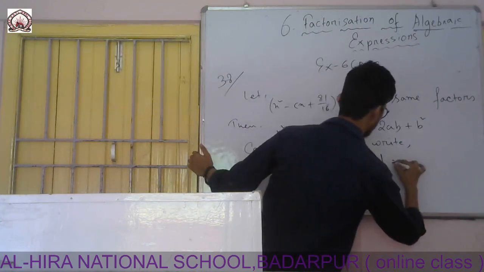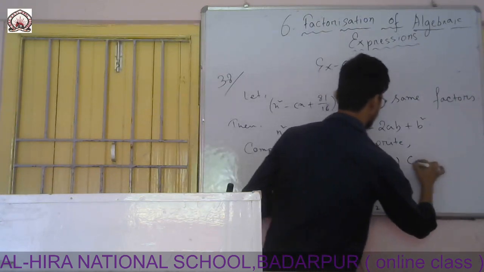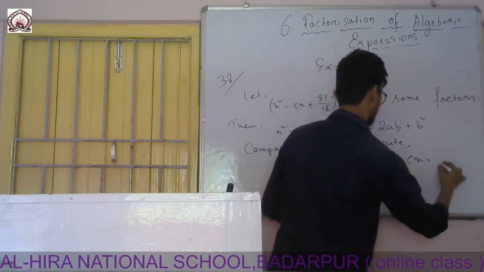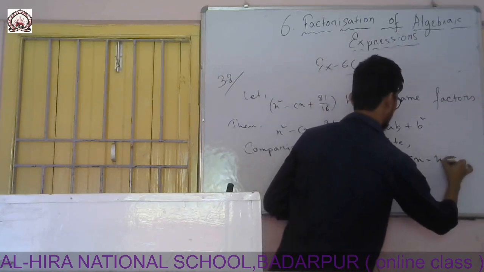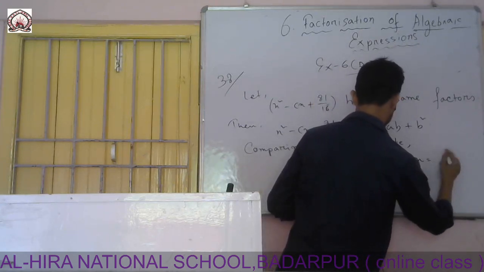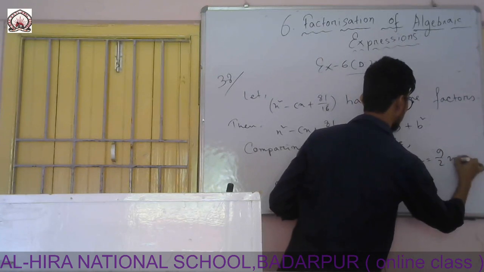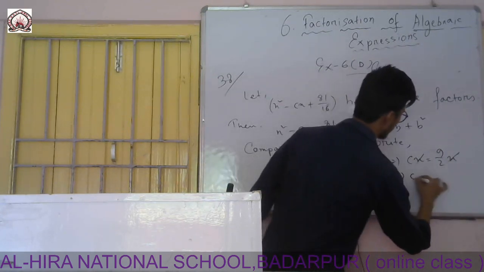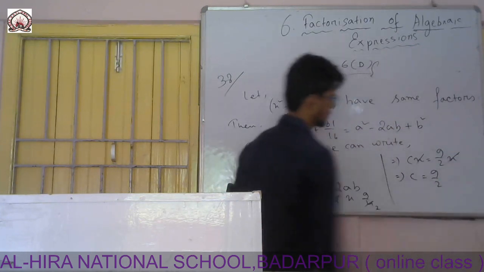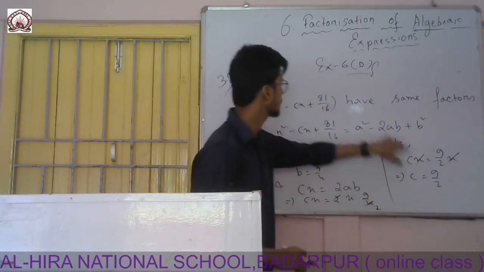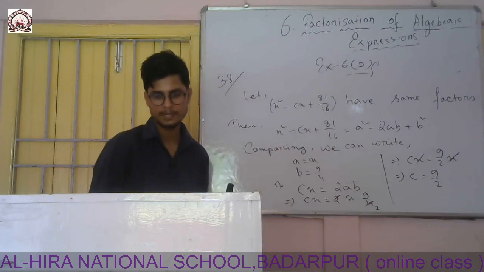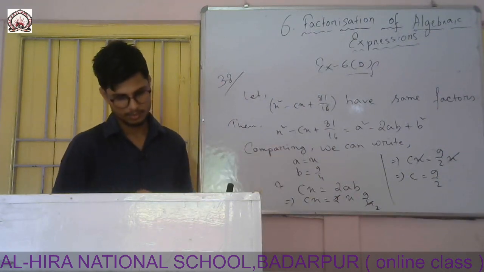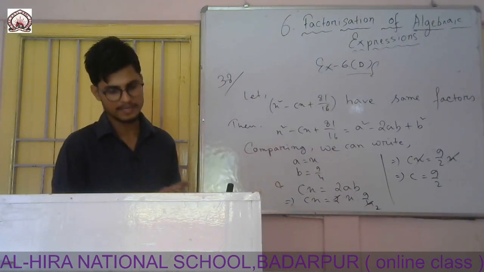So cx is equal to 9 by 2 into x. This x and this x we can cancel, so c is equal to 9 by 2. So if I put the value c equal to 9 by 2, then only this expression will have the same factors.